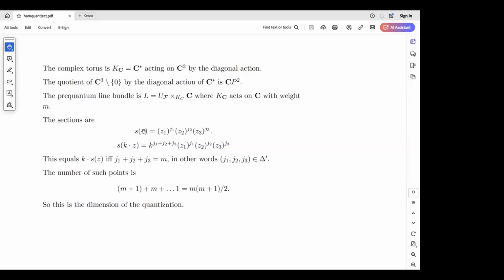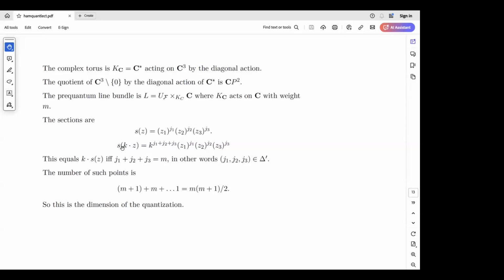So the holomorphic sections are, S of Z is, so Z is Z1, Z2, Z3. This is Z1 to the J1, Z2 to the J2, Z3 to the J3.